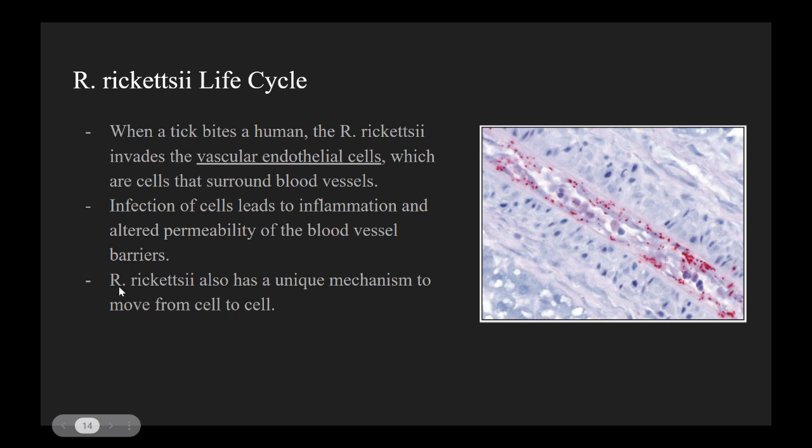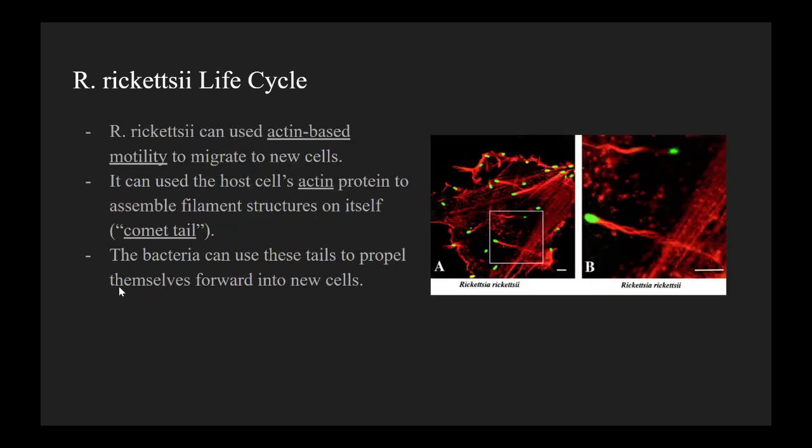So the notable thing here is that this bacterium has a unique mechanism that it can use to move from cell to cell within your body, and this is called actin-based motility. What it does is it essentially hijacks our cells and starts using our actin protein, right?